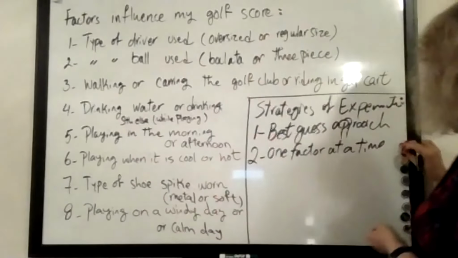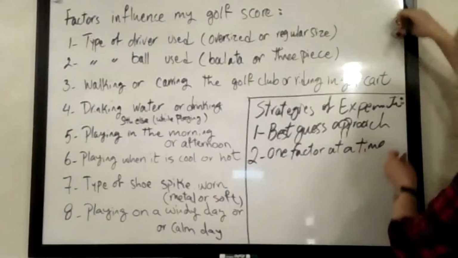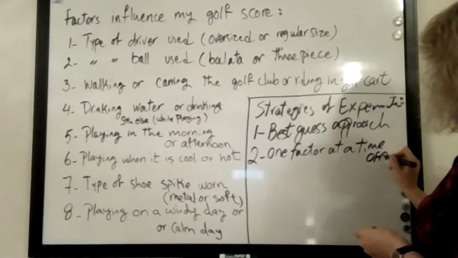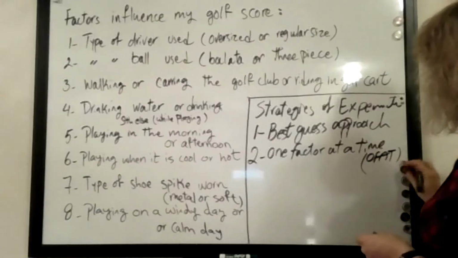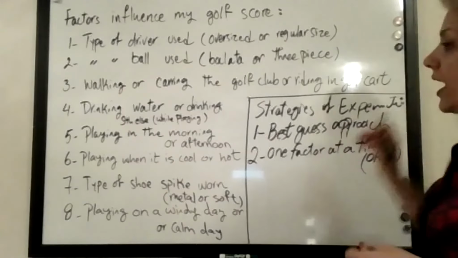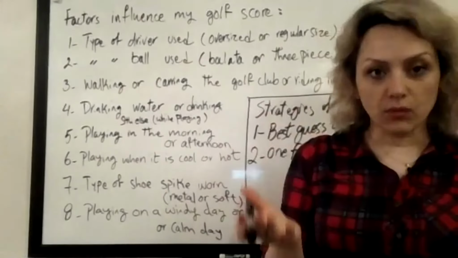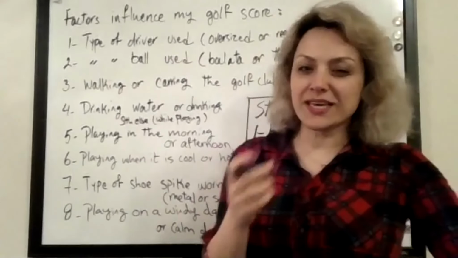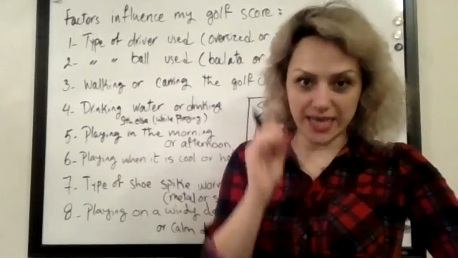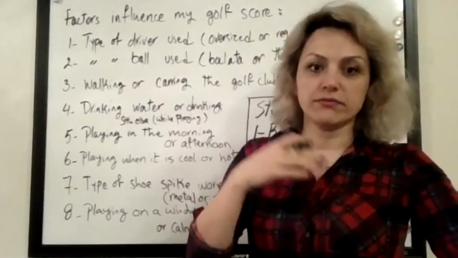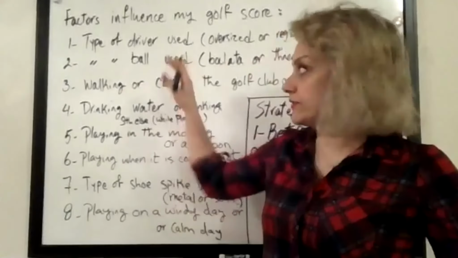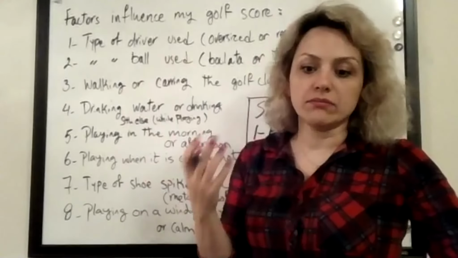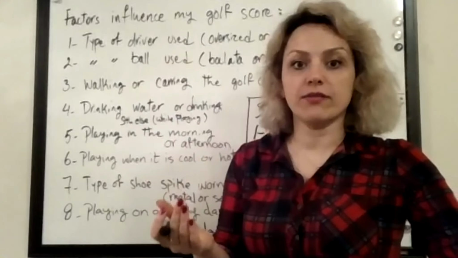So I'm going to write down OFAT here. What happens when we are working with one factor at a time is that we can make a guess. We would select a starting point, one of these factors, and then we are going to set a level for it.